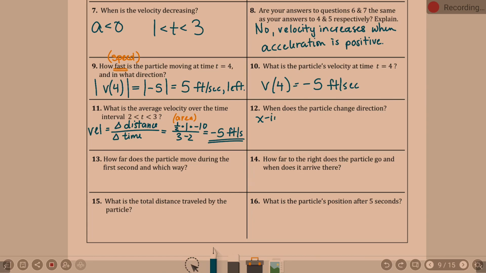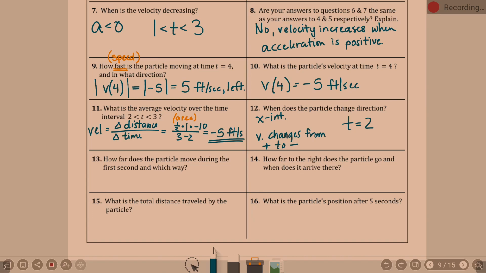So whichever way you want to think about it, x-intercept or velocity changes from positive to negative in this case, or it could be negative to positive. So we said t equals 2.